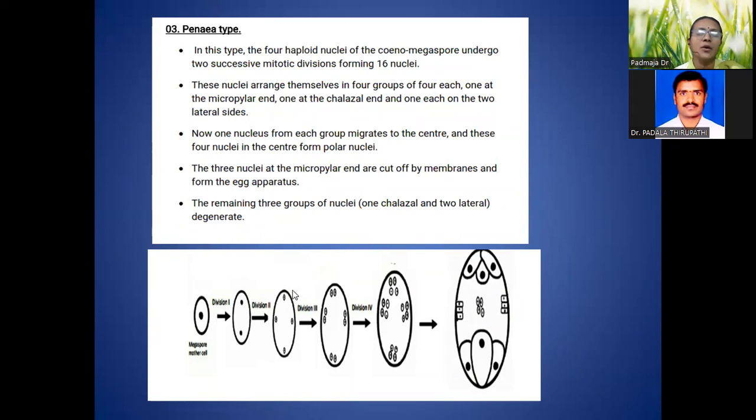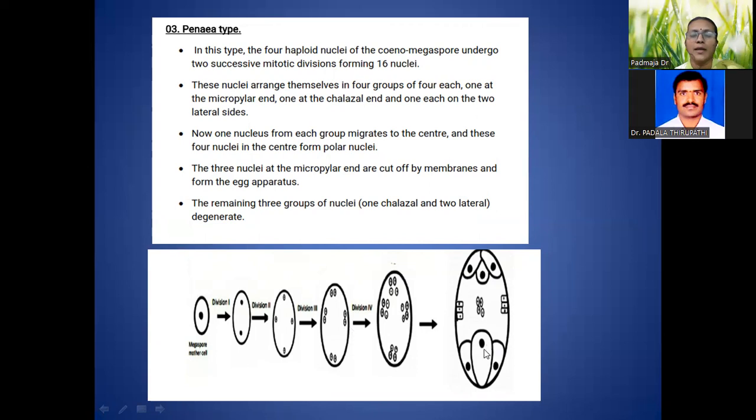We already know that the megaspore mother cell undergoes meiosis 1, so 2 are formed, and meiosis 2, so 4 are formed. This condition is called the cenomegaspore, which itself has 4 nuclei. In order to get 16 nuclei, it has to undergo mitotic division. The 4 after mitotic division give rise to 8, and these 8 after mitotic division give rise to 16, and these 16 are arranged like this.